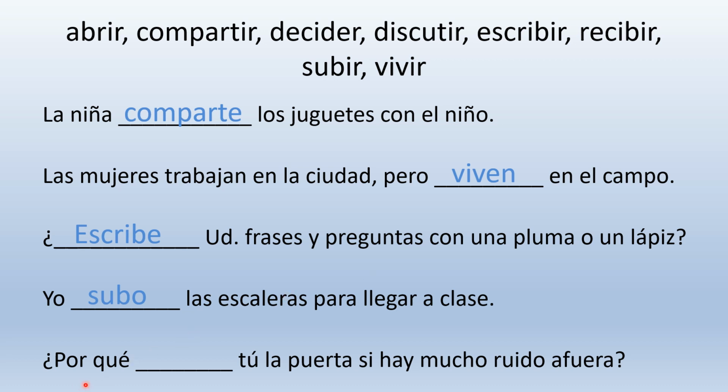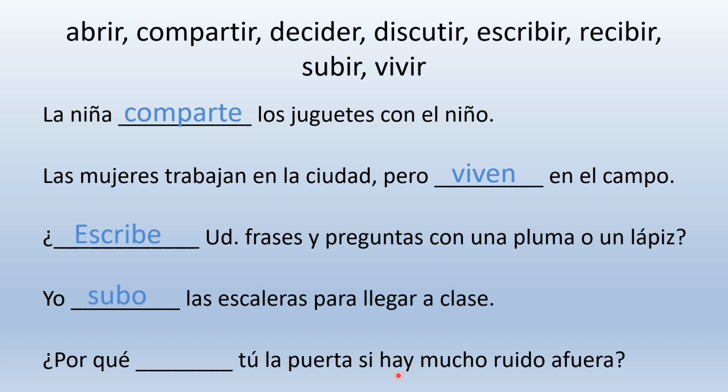And our last example is a question. ¿Por qué? ¿Por qué, if you'll remember, is a term that means why. ¿Por qué blank tú la puerta? So you are doing something with la puerta, the door.